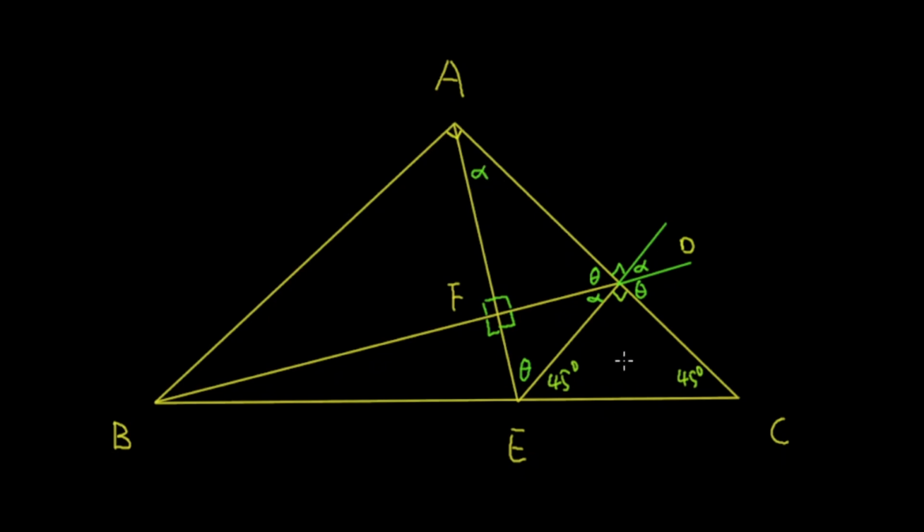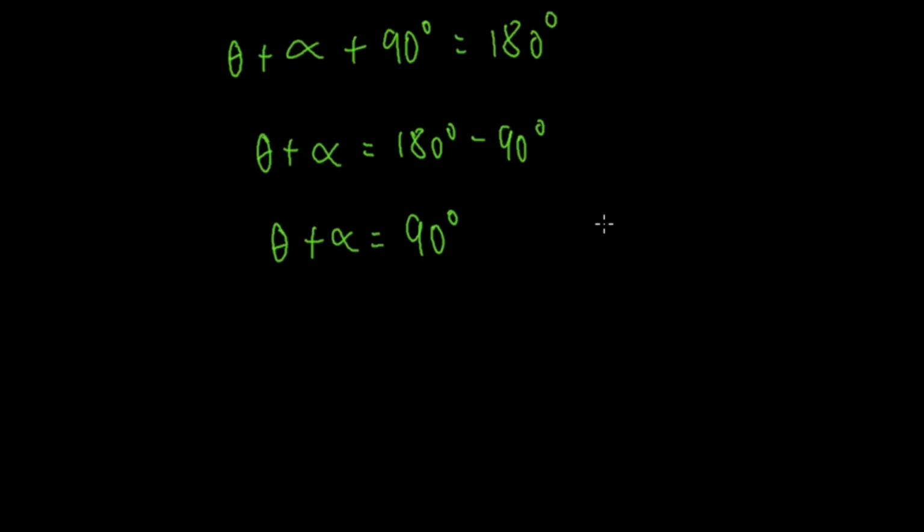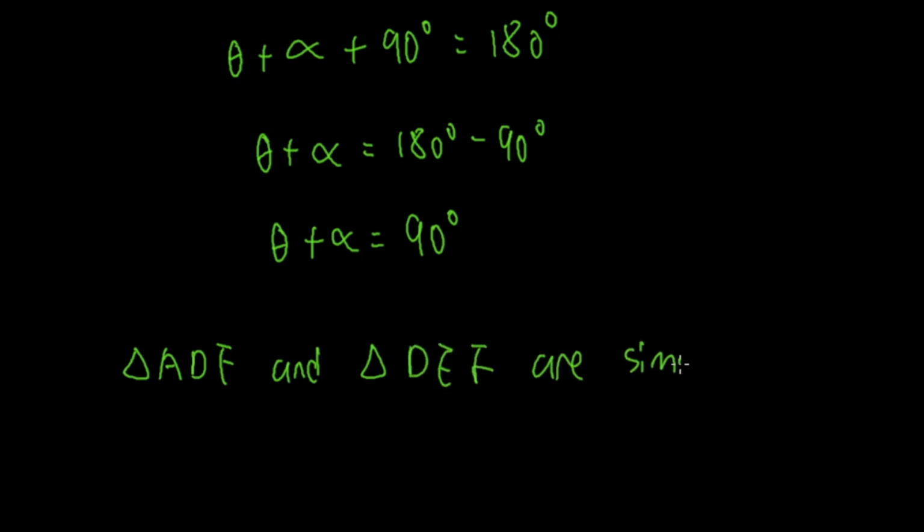What can we say here? Now right away we can say that this triangle and these triangles are similar triangles, right? So let's say triangle ADF and triangle DEF are similar triangles.